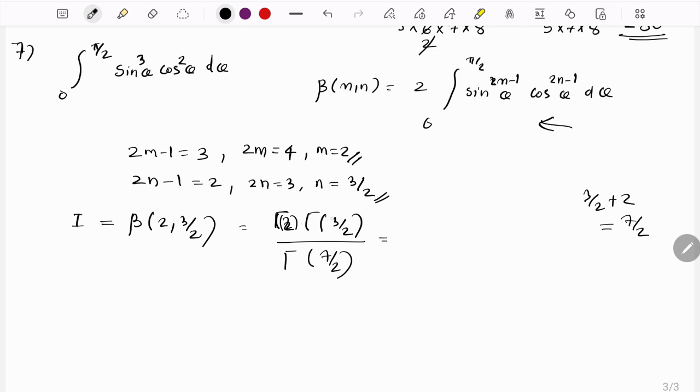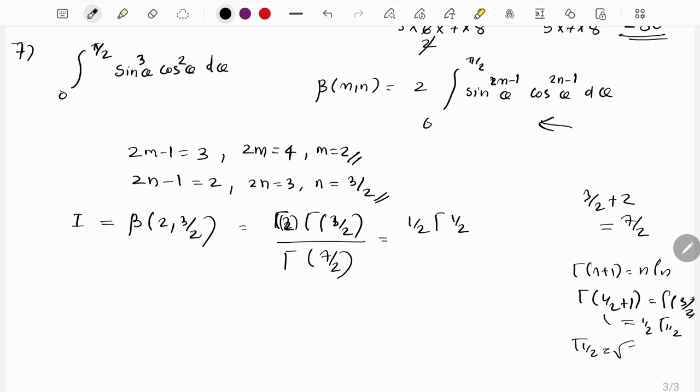And gamma of 3 by 2: gamma of n plus 1 is n gamma n. In this format, we can write this as 1 by 2 into gamma of 1 by 2, that is gamma of 1 by 2 plus 1 is equal to gamma of 3 by 2. This is equal to 1 by 2 gamma of 1 by 2, and gamma of 1 by 2 is equal to root pi.